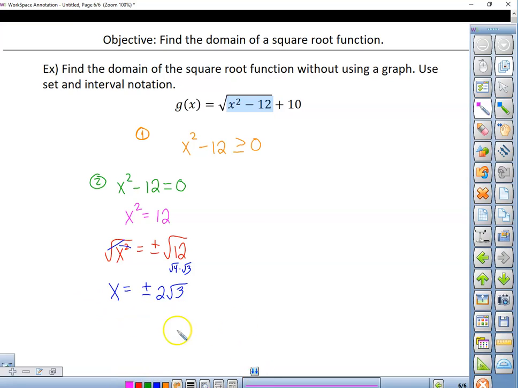All right, so now what we're going to do is construct a number line. And this represents basically our x-axis. And we're going to plot our square root of 12 and our negative square root of 12. So we know 0 is somewhere around in the middle. We've got our positive square root of 12, or 2 root 3, and our negative.